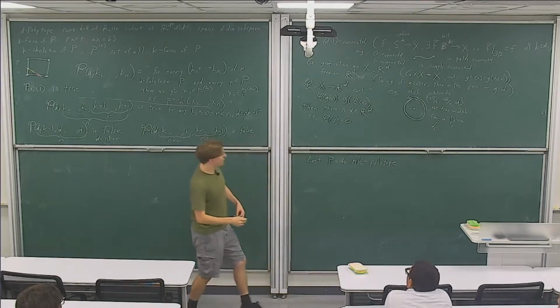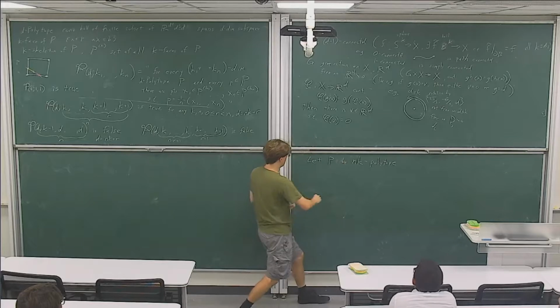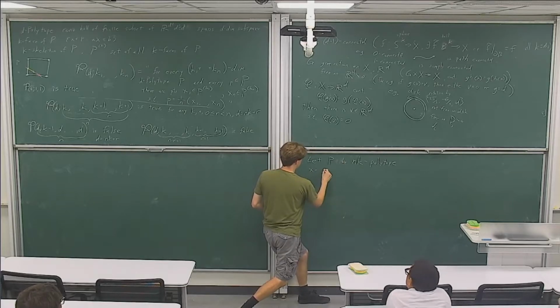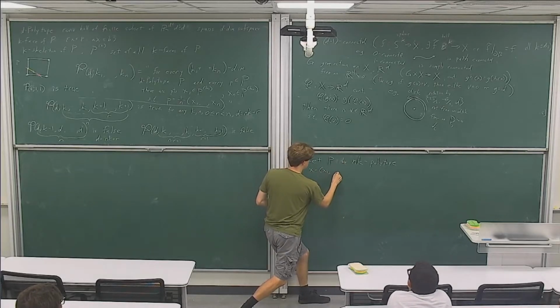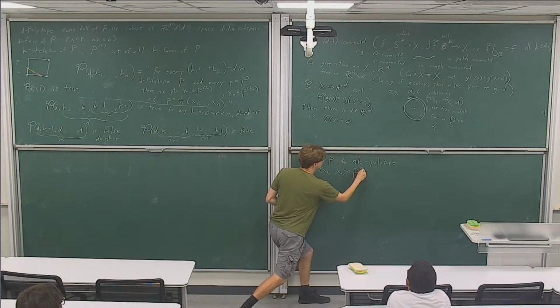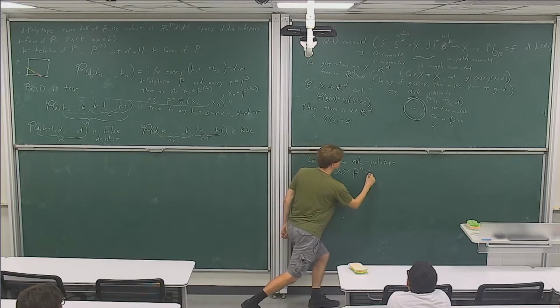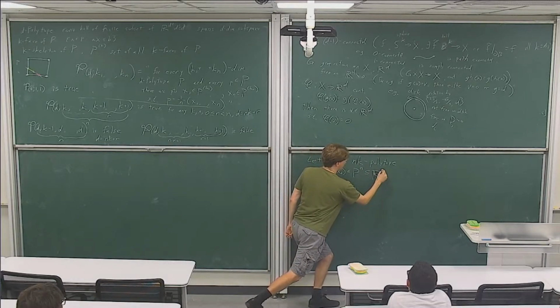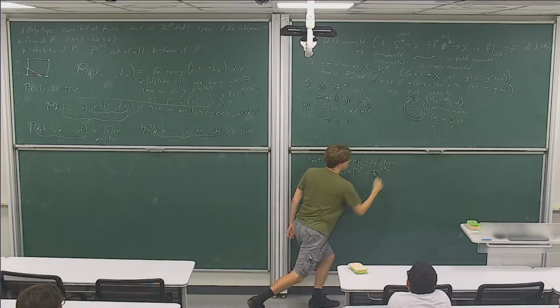And then let x equal x1 up to xn in P^n, so this is something in R^(n squared k).